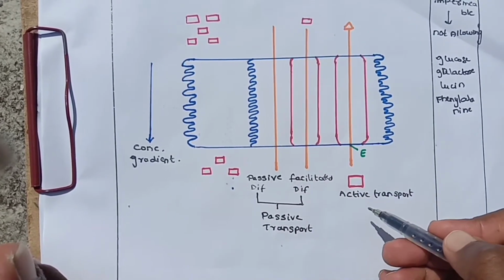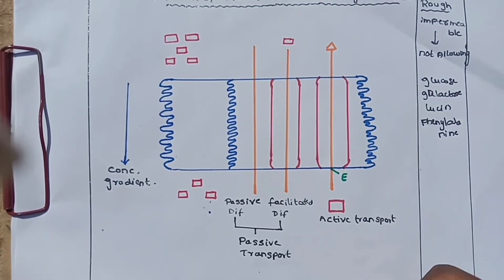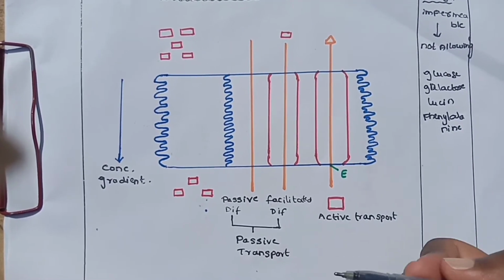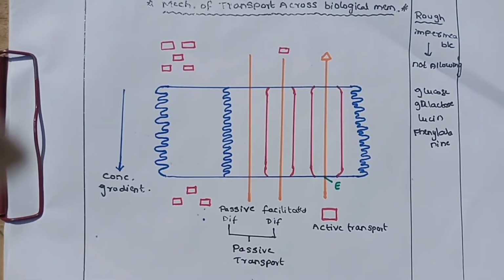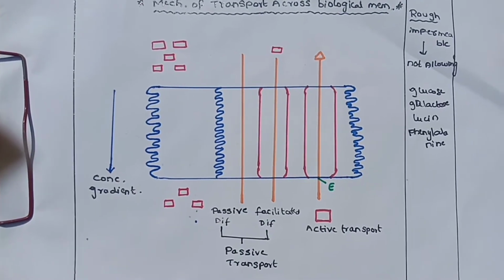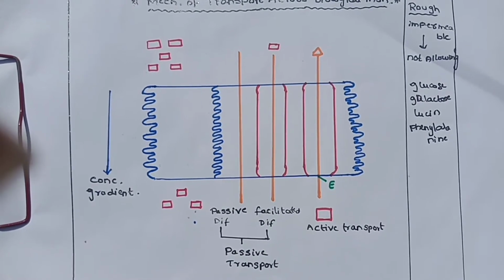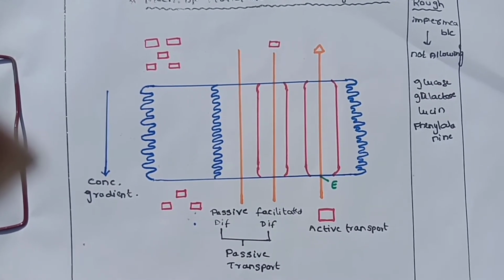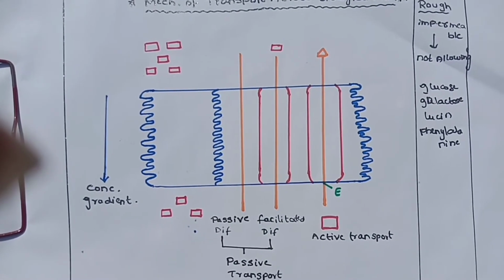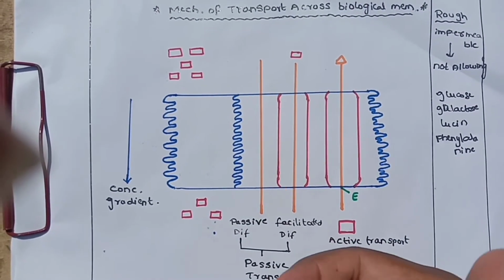Now the active transport. Active transport occurs against a concentration gradient, and this depends on the supply of metabolic energy.